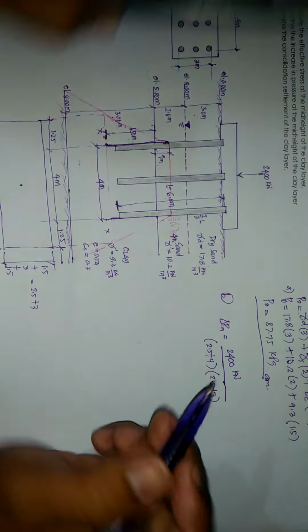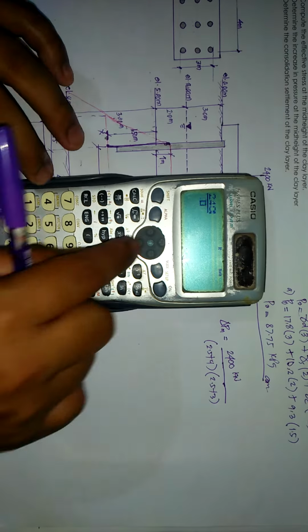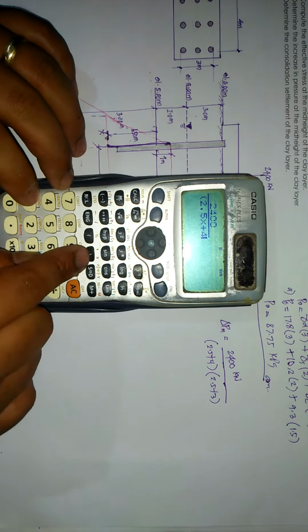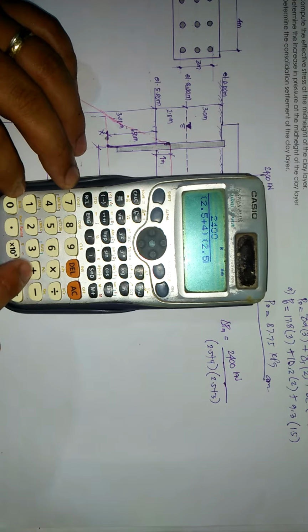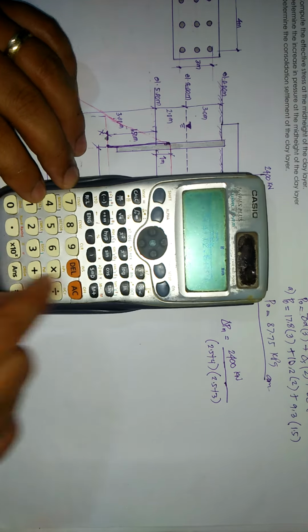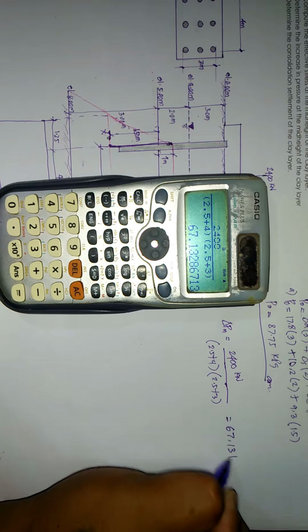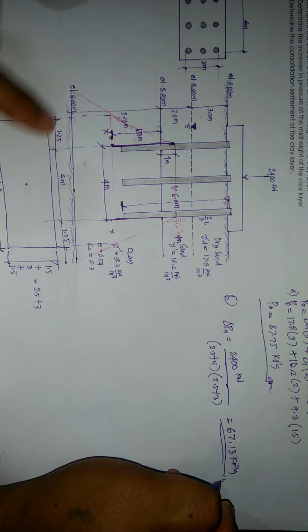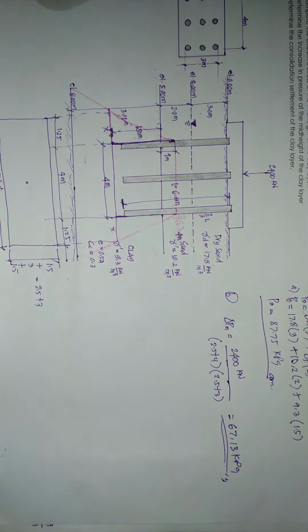That would be your increase in pressure at the mid-height of your layer. So, 2,400 over 2.5 plus 4 times 2.5 plus 3. Okay, so this is around 67.13 kilopascal. So this one's your increase in pressure at the mid-height of your clay layer.